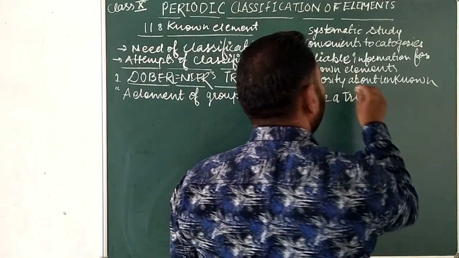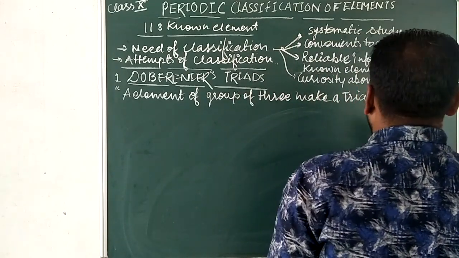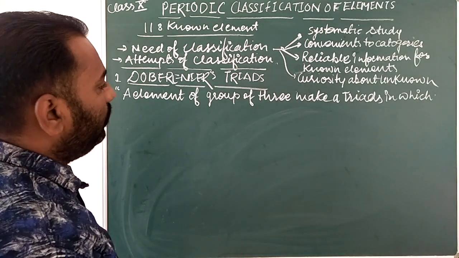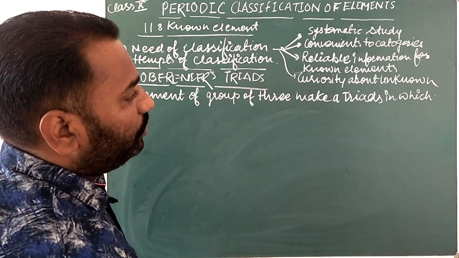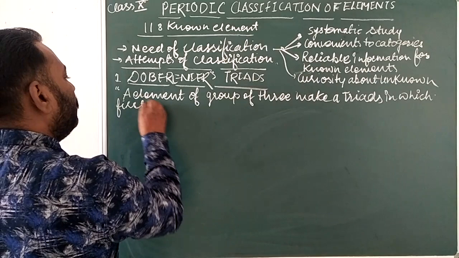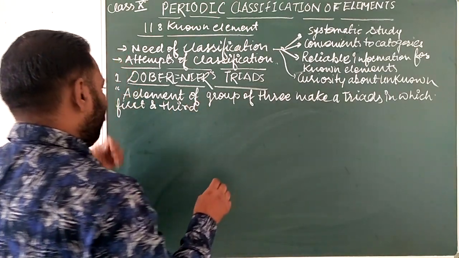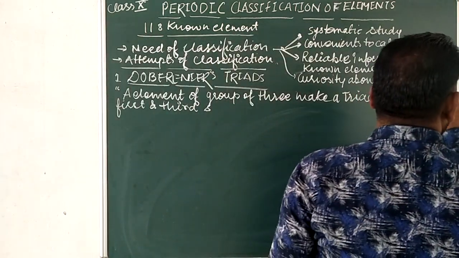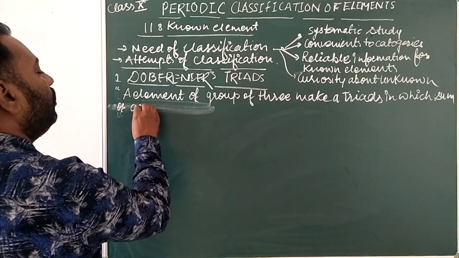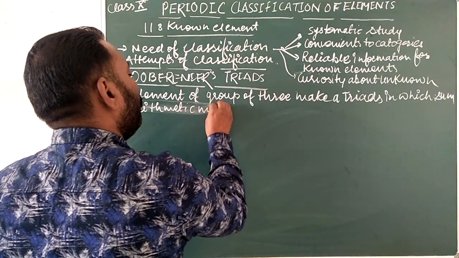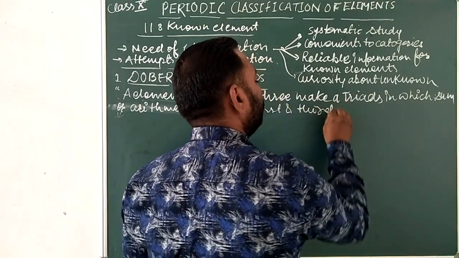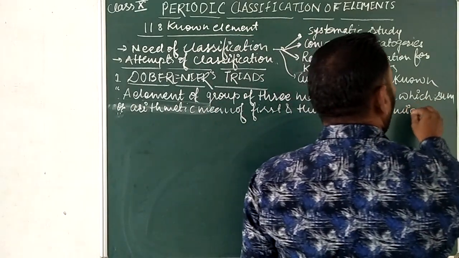Make a triad, in which, a group of three elements makes a triad, in which the arithmetic mean of the first and third is equal to the middle one.